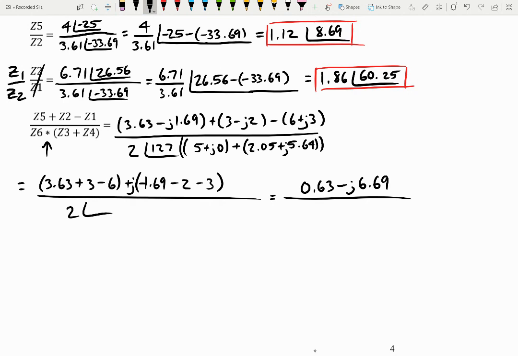So 2 at 127. Group the reals: 5 plus 2.05, plus j0 plus 5.64.